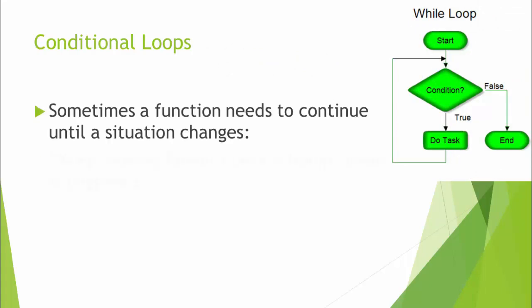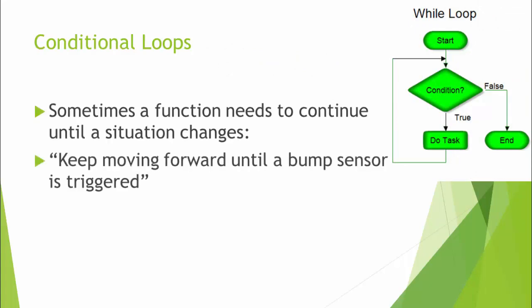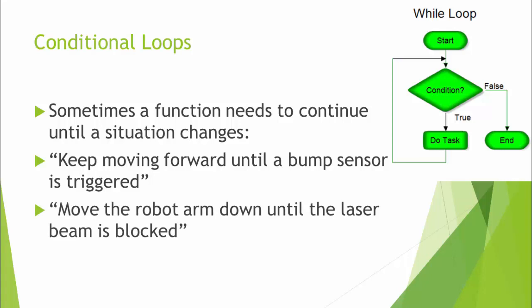Examples of conditional loops would be keep moving forward until a bump sensor is triggered, move the robot arm down until the laser beam is blocked. Lots and lots and lots of other examples, including, by the way, monitor the serial monitor until there is an input.